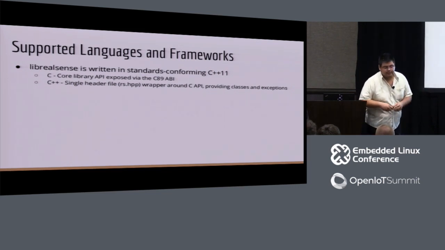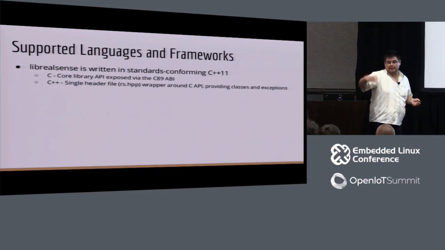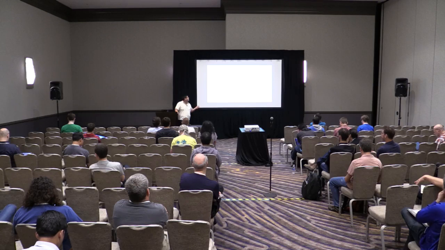For those who were playing with the Kinect, there was the OpenNI library that was also developed in C, and there was a wrapper. This also has the C main core and has a C++ wrapper.